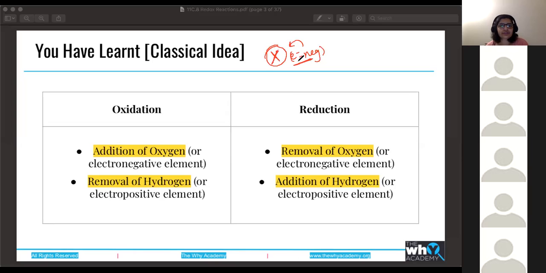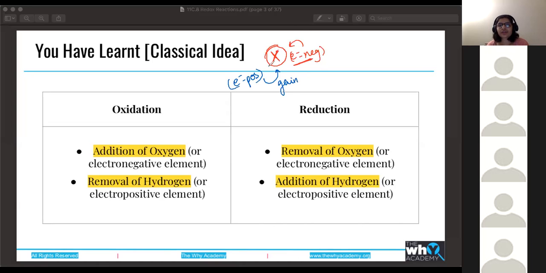And to this X, if you are adding an electropositive element, then will X lose or gain electrons? Gain electrons, right?